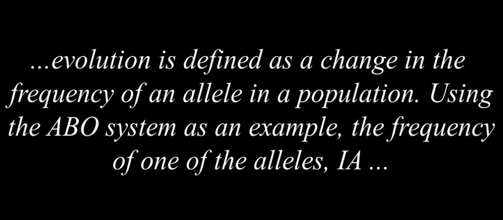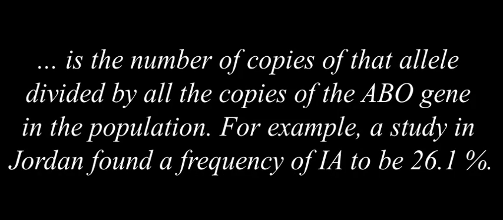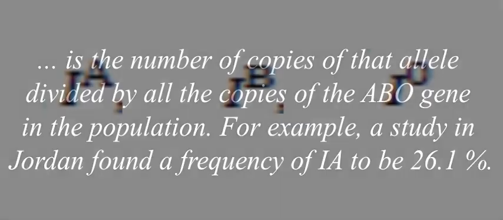Using the ABO system as an example, the frequency of one of the alleles, I^A, is the number of copies of that allele divided by all the copies of the ABO gene in the population. For example, a study in Jordan found a frequency of allele A to be 26.1%.